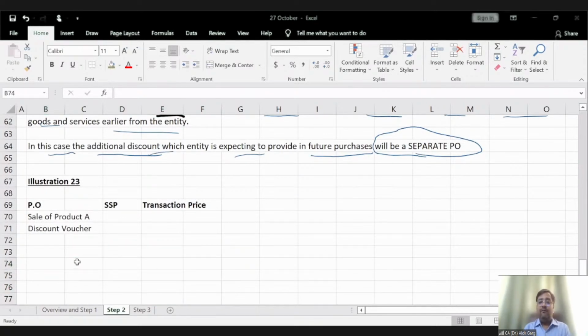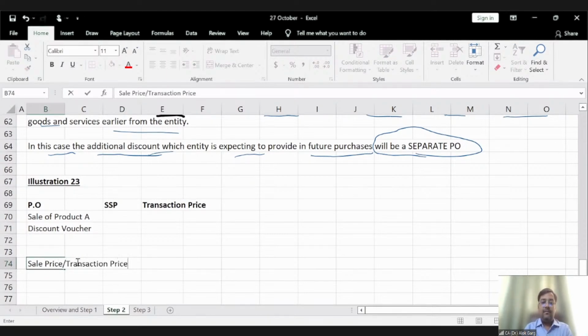What is my sale value? My sale value is my sale price, or let's say transaction price, which is 1,000 rupees. Okay.